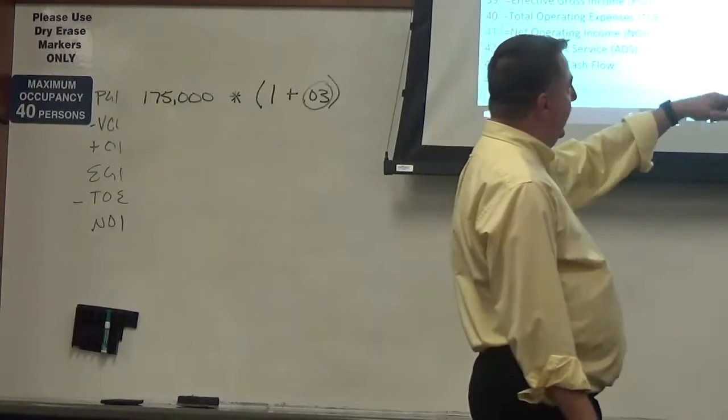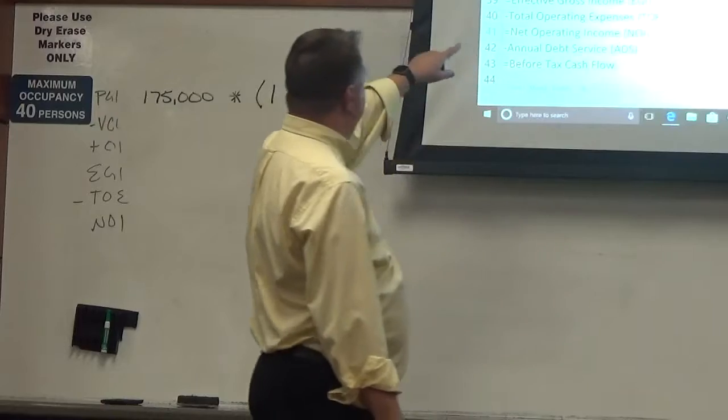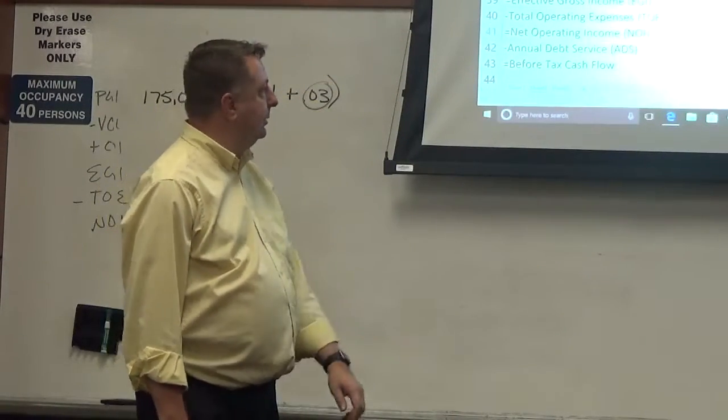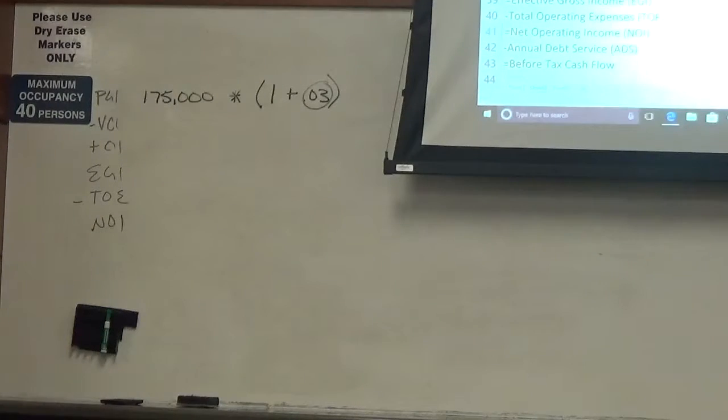So C39 minus C40. So the effective gross income minus the total operating expenses gives us our net operating income. And once again, you could have drawn that from above. However, you have to be careful about that because as we copy over across the page, we may have some issues there. Okay?